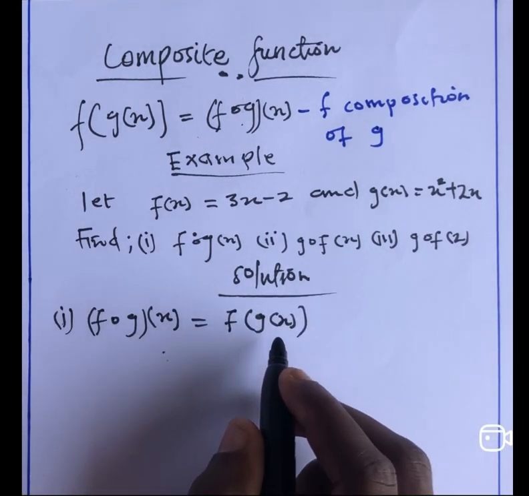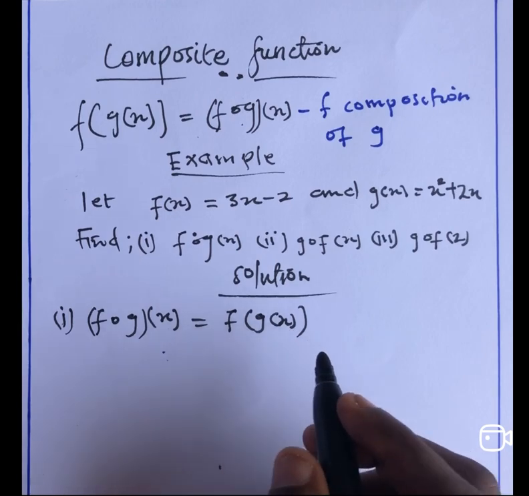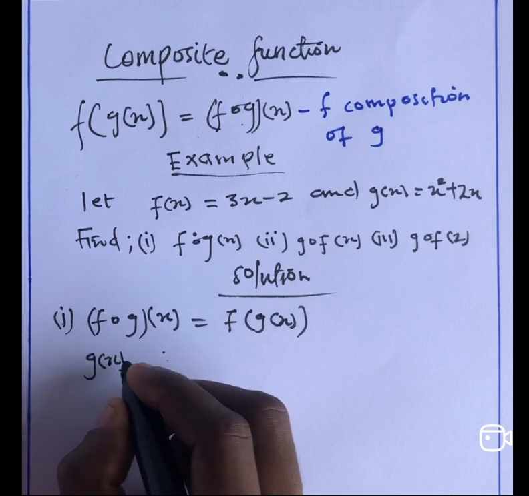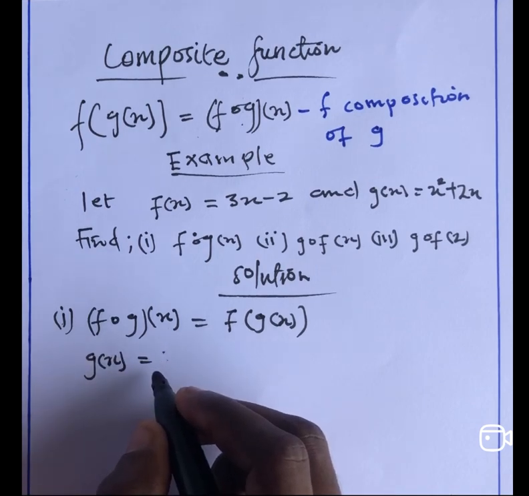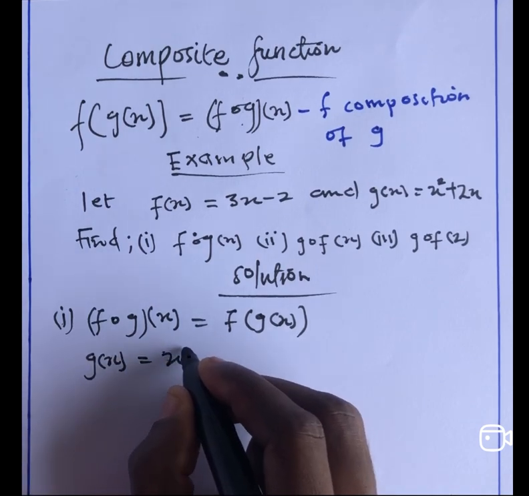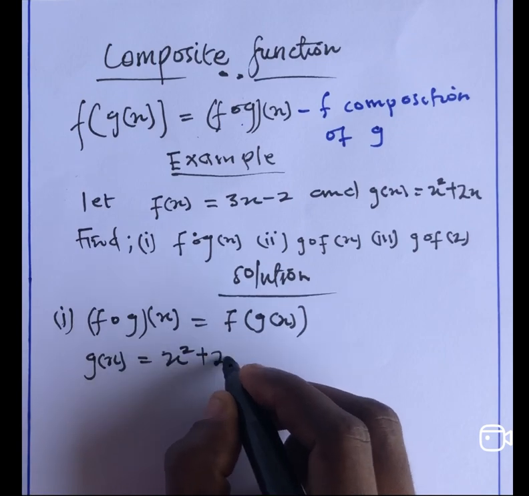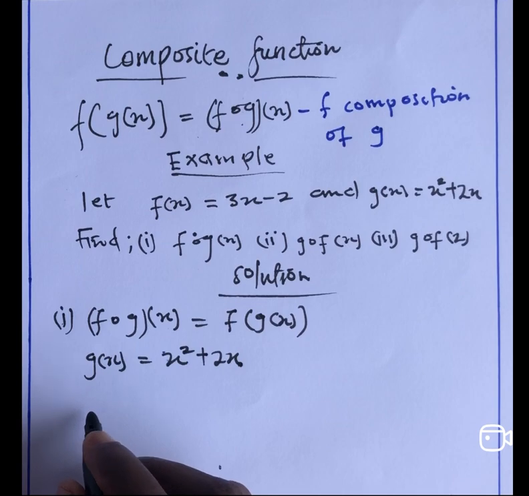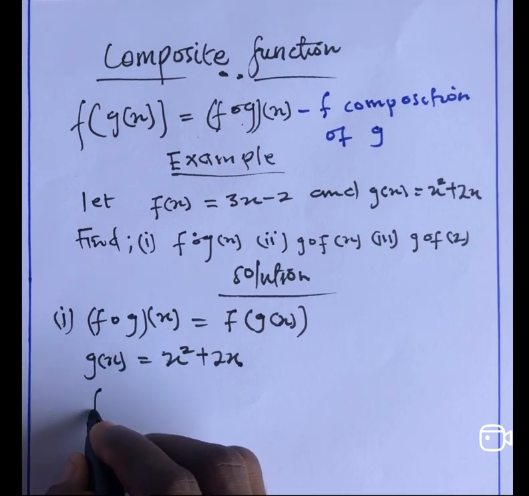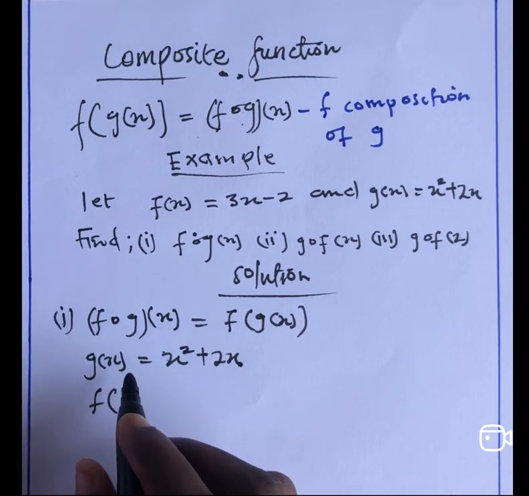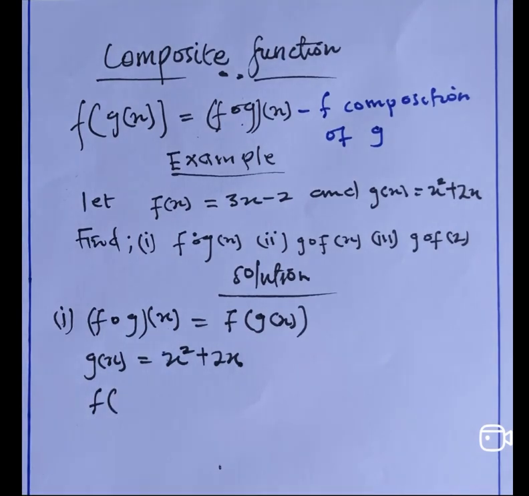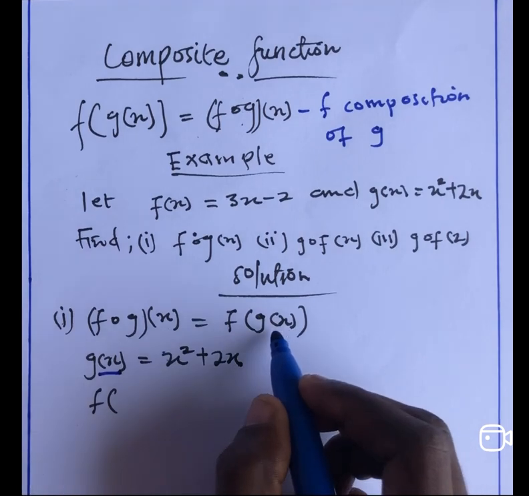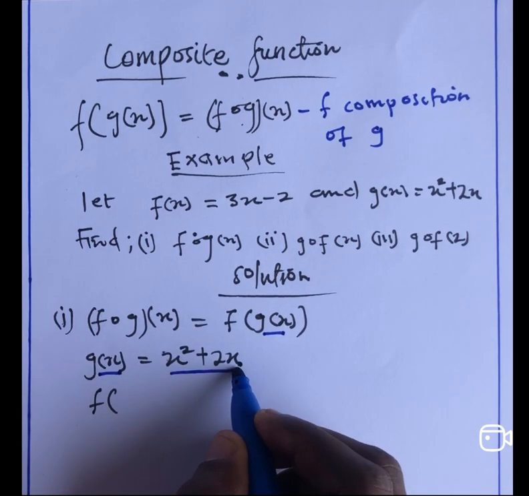The meaning of this is that we are going to put the g function into the f function, but we know that g of x is given as x squared plus 2x. So from here you can write this as f of, now our g of x here is now this.